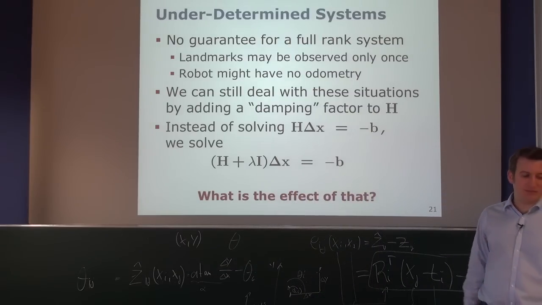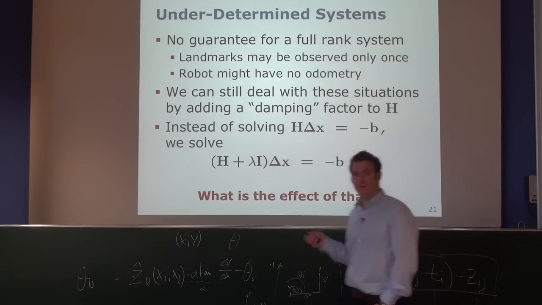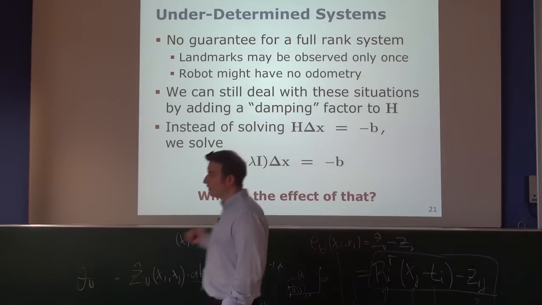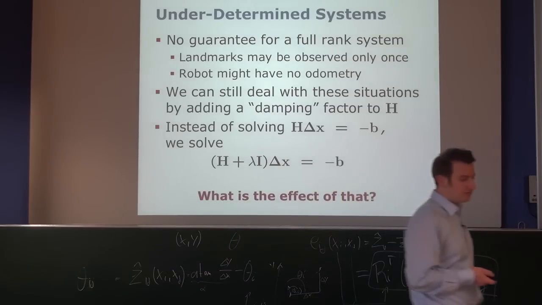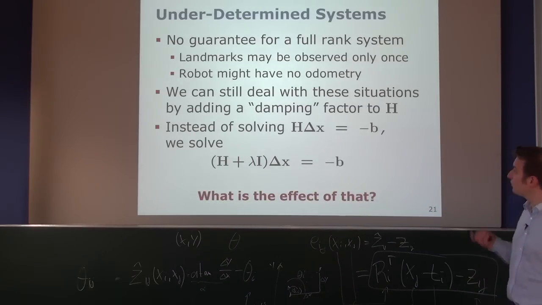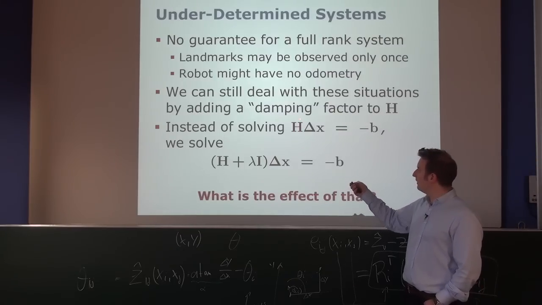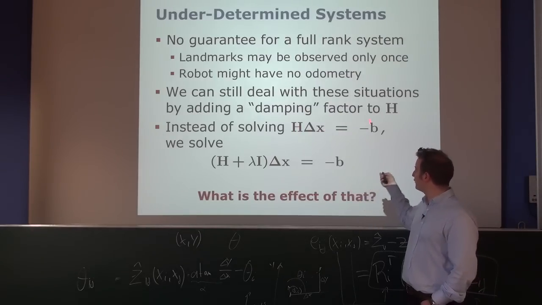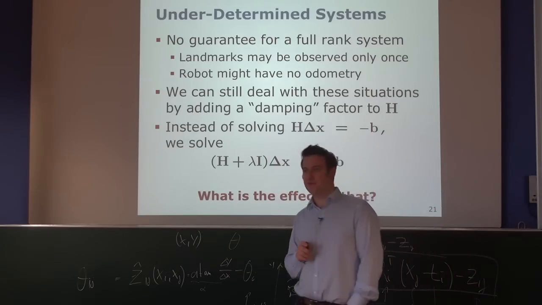And the problem is the Gauss-Newton approach will actually fail to compute a solution for you if you run into those problems. So one of the things you can do is the so-called Levenberg-Marquardt solution, or the Levenberg-Marquardt algorithm. Instead of solving H delta x equals minus b, I solve a slightly different system.